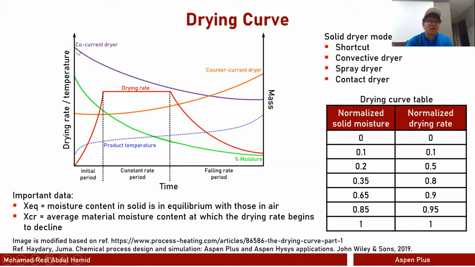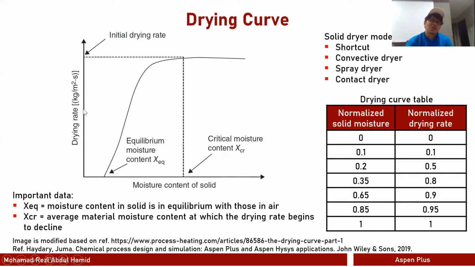And then the purple curve here represents the temperature of the air, if I'm not mistaken, as a function of time for a co-current dryer, and this orange one is for a dryer operating in a counter-current manner.